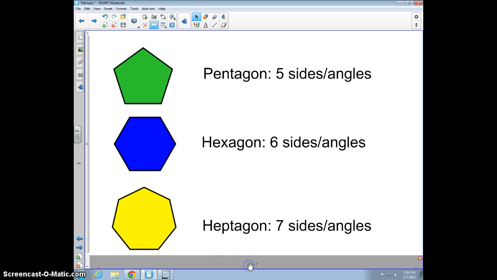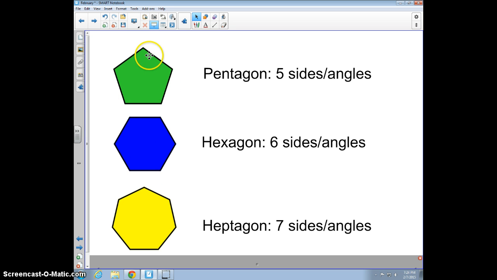And a heptagon. A heptagon is a polygon that has 7 sides and 7 angles. Something also about all of these polygons that we're looking at today, this is a regular pentagon, this is a regular hexagon, this is a regular heptagon, and all that means is that all of them are equilateral.